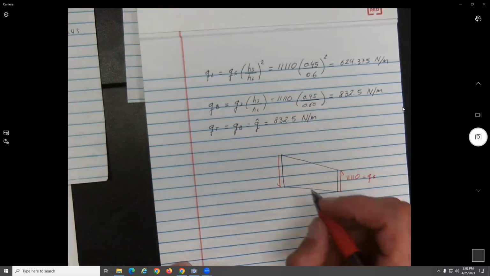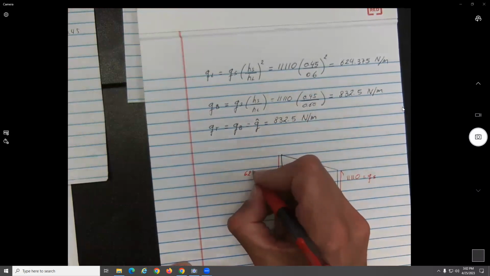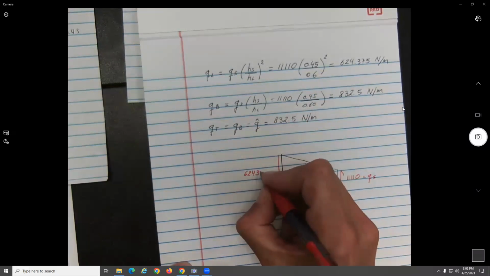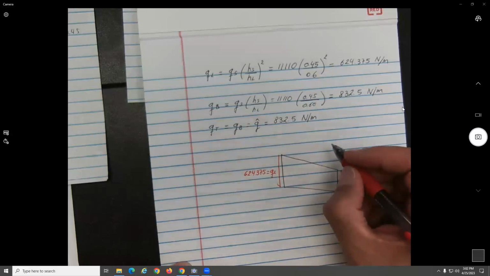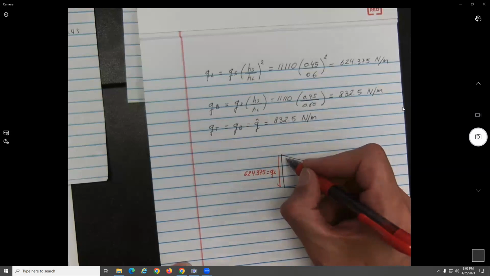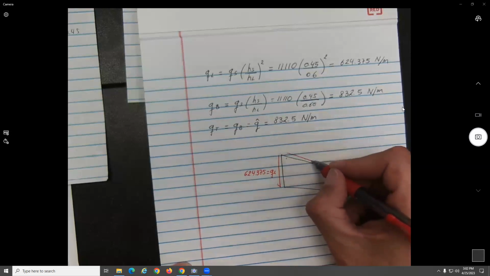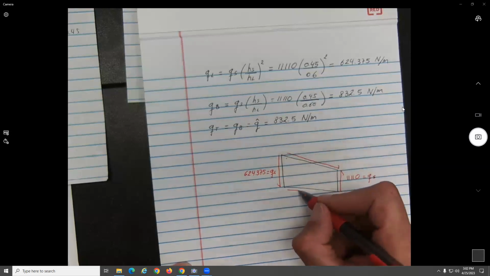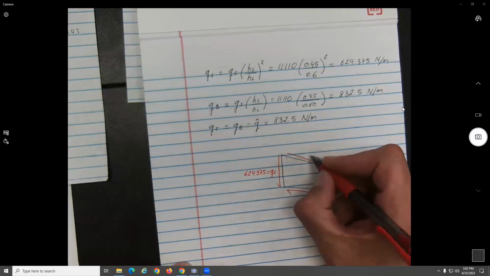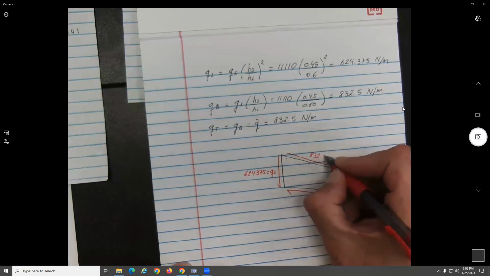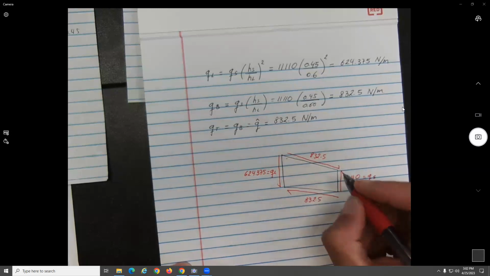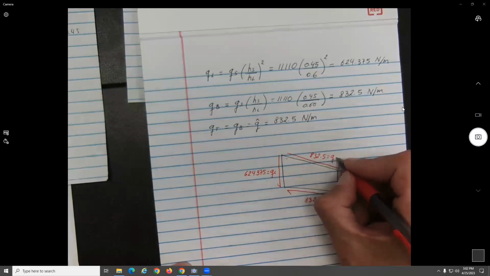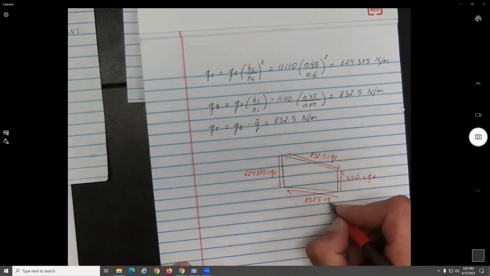Q long, we're going to get 624.375. And then these two should be the same, 832.5 and 832.5, equal Q top equal Q bottom.